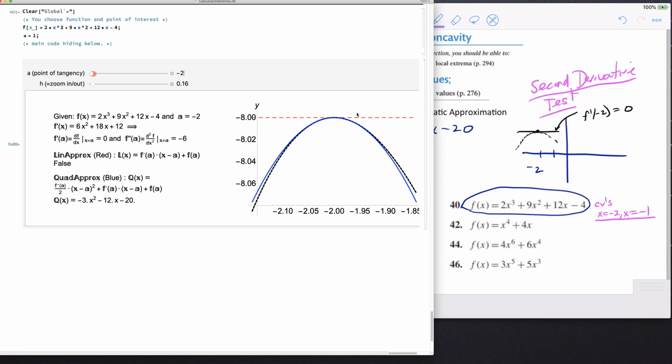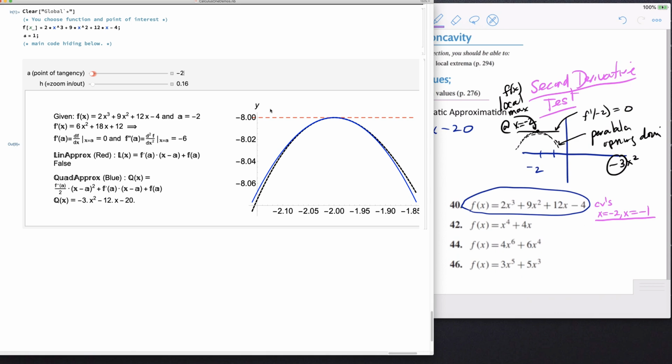And when you compute the quadratic approximation, we can tell that this is a parabola opening down, because there's a -3x squared term on the quadratic approximation. We're seeing that here. So what we can say here is that the function f of x has a local maximum at x is equal to -2.